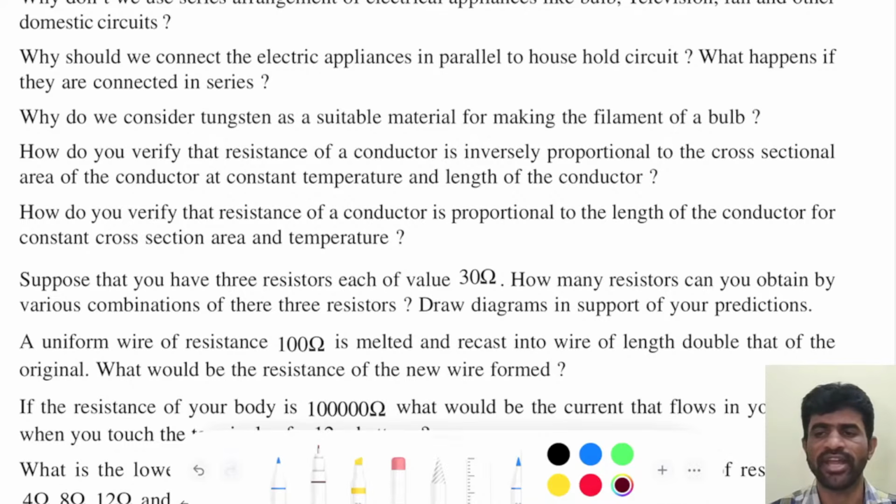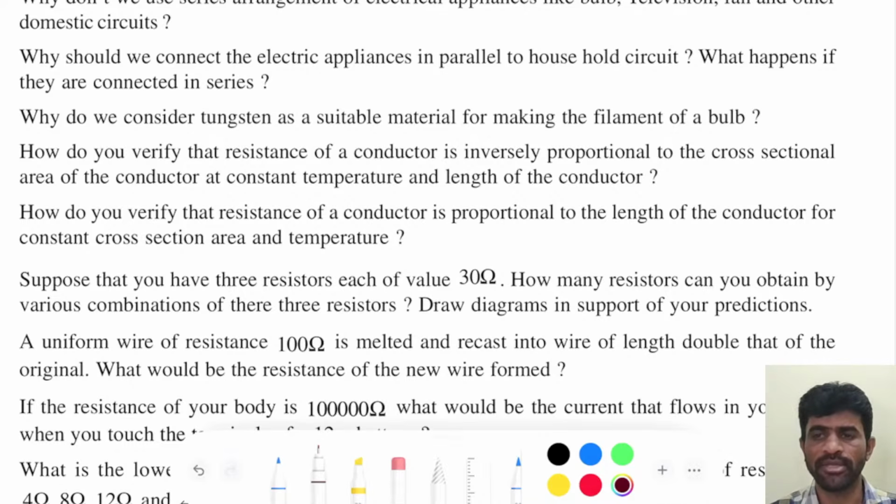Based on that, we find the resistance in both cases and can decide in which case resistance is more and in which case it is less. In both cases, we measure the V and I values and find the resistance.